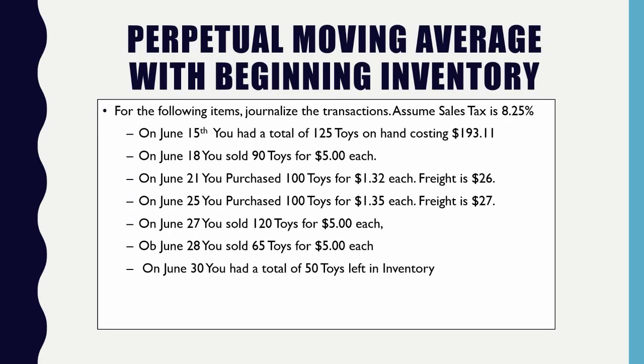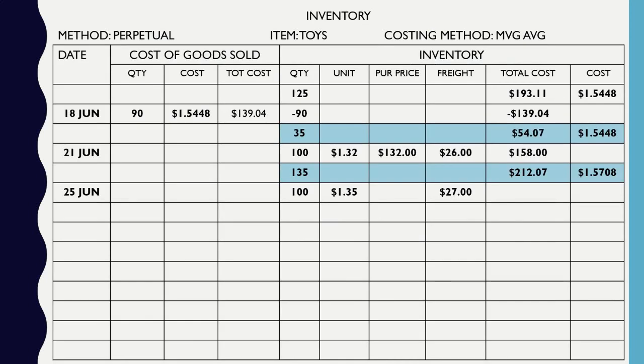So once again, let's take a look at my scenario. I've just entered my purchases on the 21st of June. And look, here I have another purchase on the 25th of June for another additional 100 toys. Same idea here. We're going to calculate my total cost, but this time I need to add my numbers together.